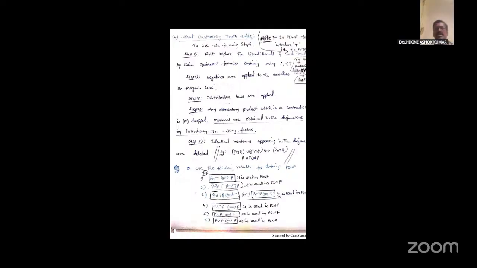So step 3 is to apply the distributive laws: negations are applied to the given variables, and if De Morgan laws are needed, apply them. Next, afterwards, apply the distributive laws.